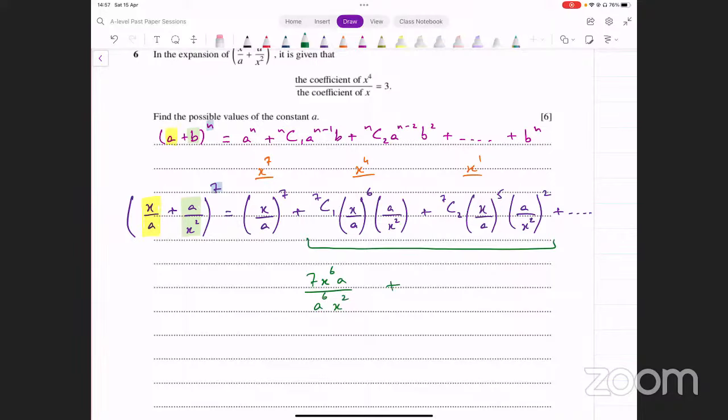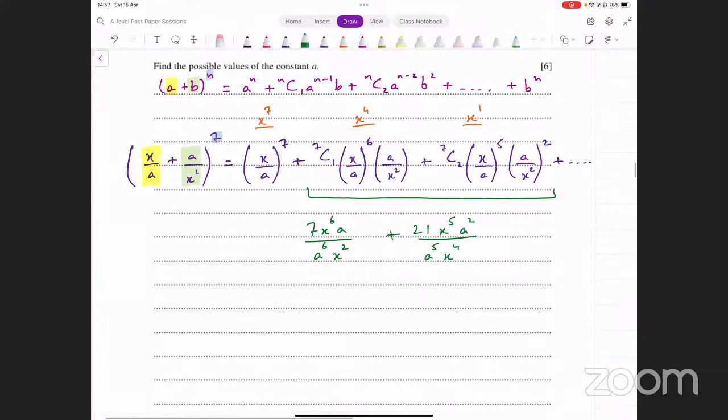What is 7C2? 7C2 is 21. 21 into x raised to power 5 into a raised to power 2. In the denominator, you have a raised to power 5 and x raised to power 2 squared, so that's x raised to power 4 in the denominator.